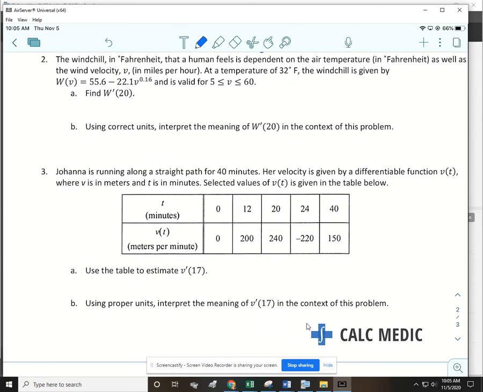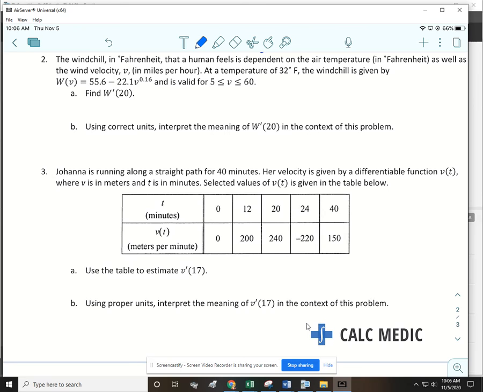Okay, the next problem is on wind chill. So the wind chill in degrees Fahrenheit that a human feels is dependent on the air temperature in degrees Fahrenheit, as well as the wind velocity in miles per hour. So at a temperature of 32 degrees Fahrenheit, the wind chill is given by that function. And this is only valid for velocities between 5 and 60 miles per hour.